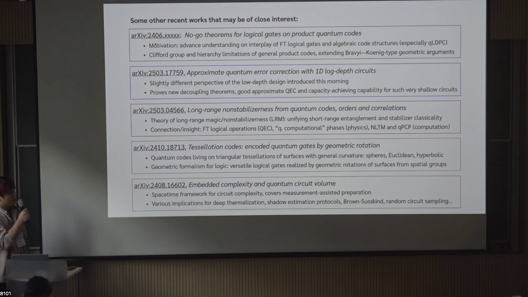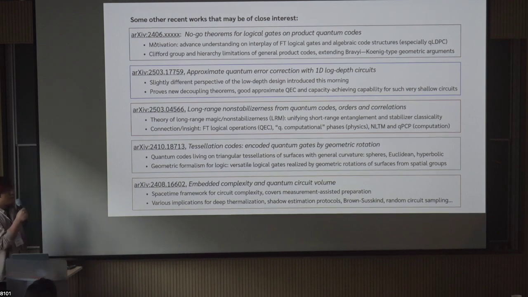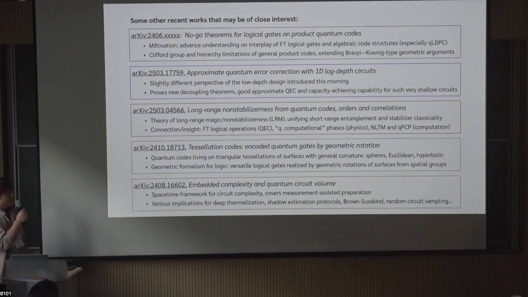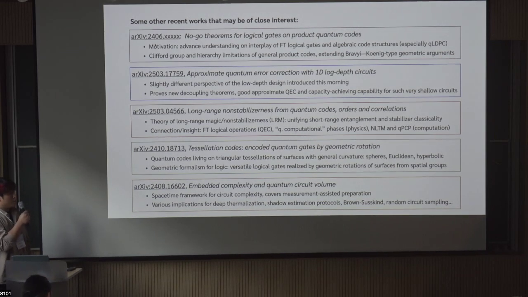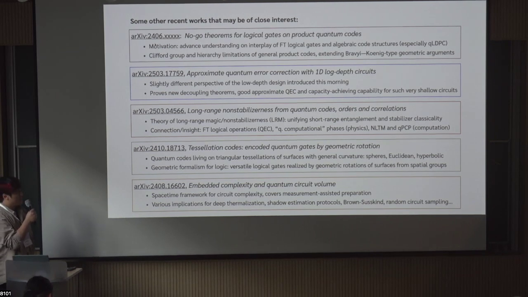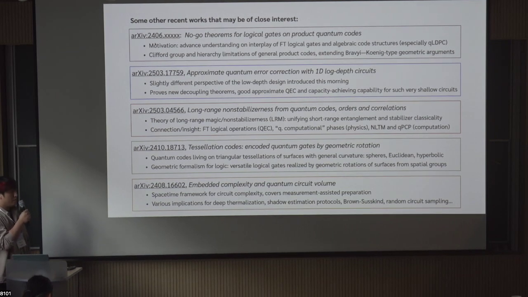Because by defining the theory about magic, we are sort of unifying the classical basis of these theories. We are including these classically computationally efficient stabilizer states, as well as the short-range entangled states. So it's like sort of a more unified theory about non-classicality, which has some computational underpinnings.